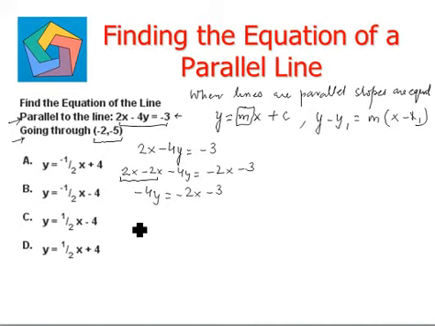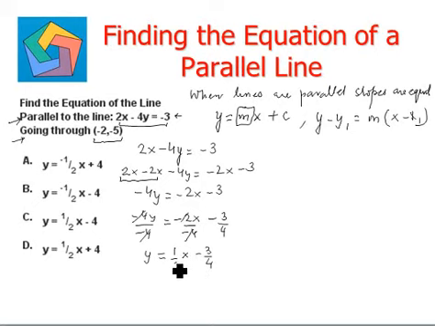We want the coefficient of y to be 1, so we divide by negative 4 on both sides, and let's see what we get. Now negative 4 divided by negative 4 is 1. y equals negative 2 divided by negative 4, which is a positive 1 half, of x minus 3 fourths.